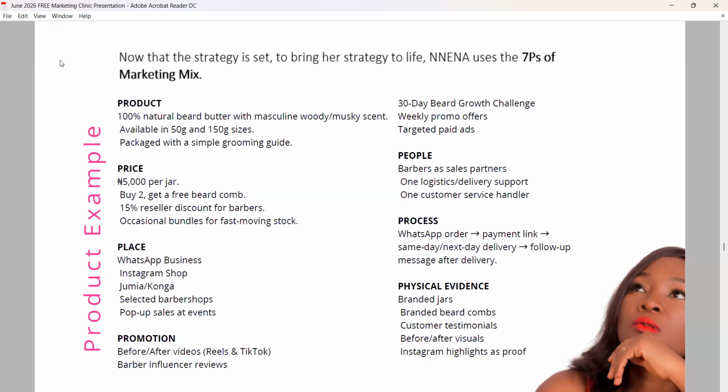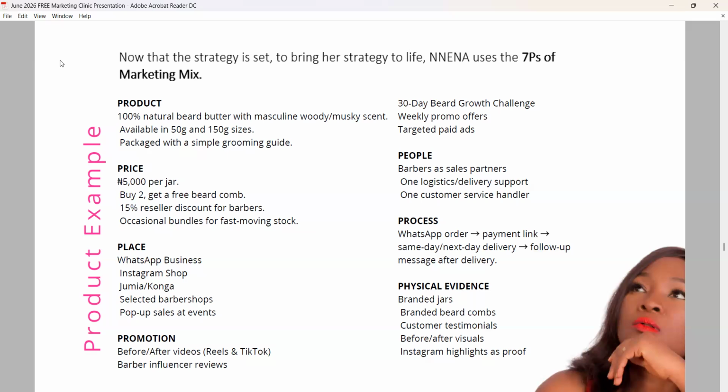What about her place? She will sell on WhatsApp, Instagram shop, Jumia and Konga, selected barber shops, and pop-up sales at events. For promotion, she will be doing before and after videos, reels and TikTok, and barber influencer reviews.